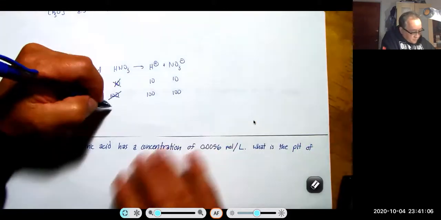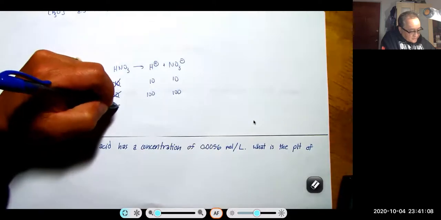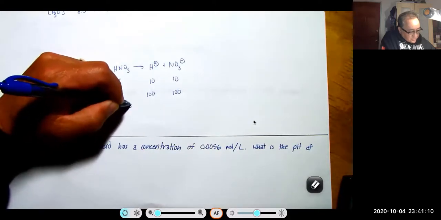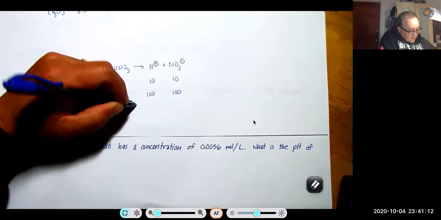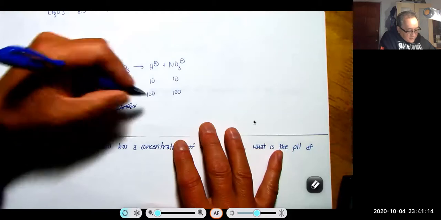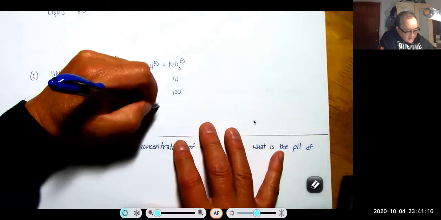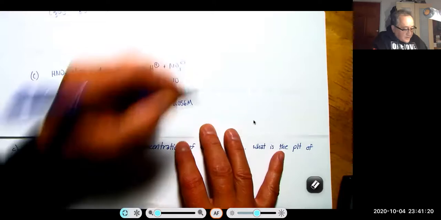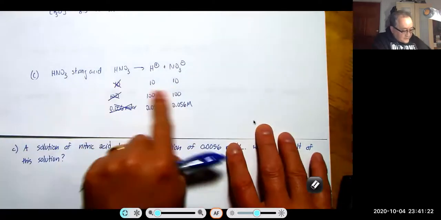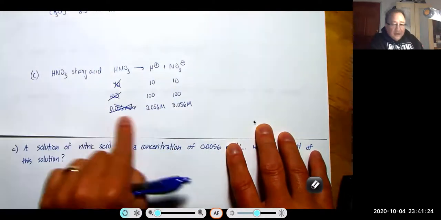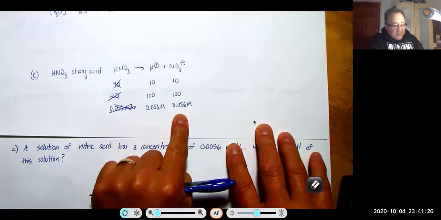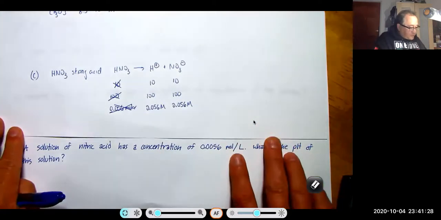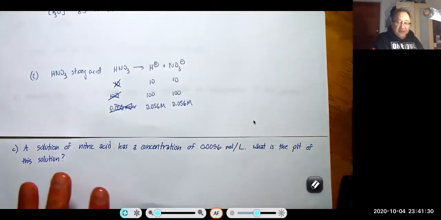What if this was a 0.056 molar solution? All of this would ionize, and this would be 0.056 molar, and this would be 0.056 molar. Just like the numbers here would be the same because these completely ionize, over here, the concentration would be the same. So the reason we can do C is because it's a strong acid.